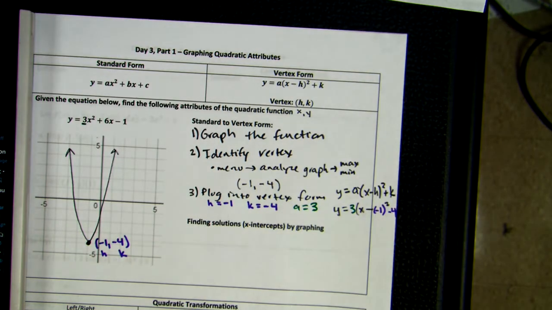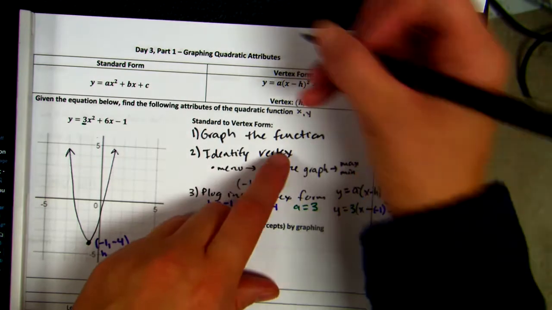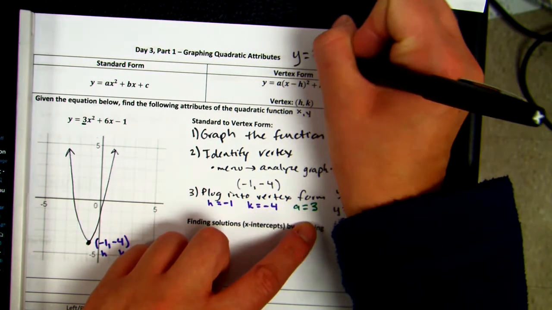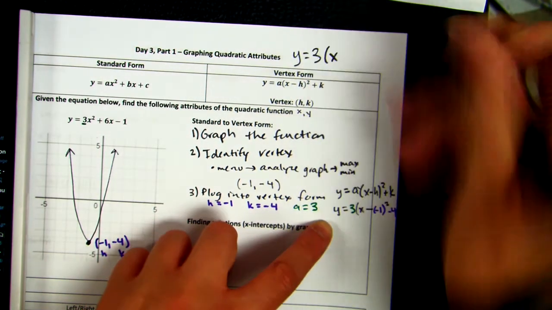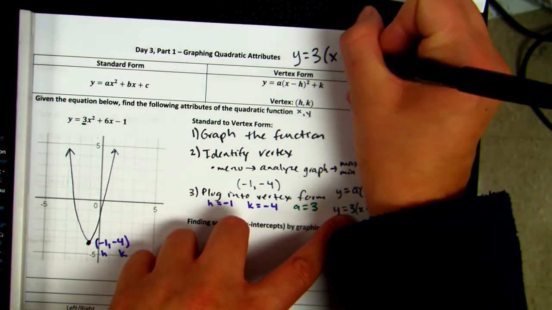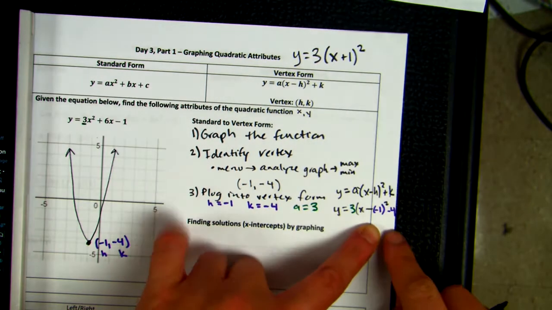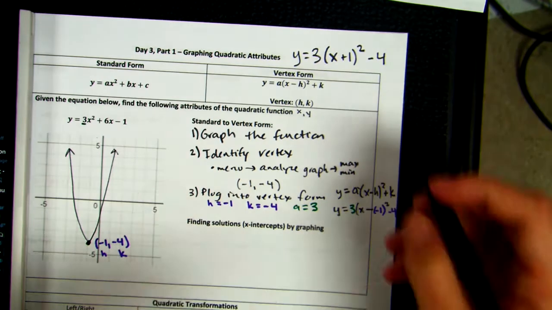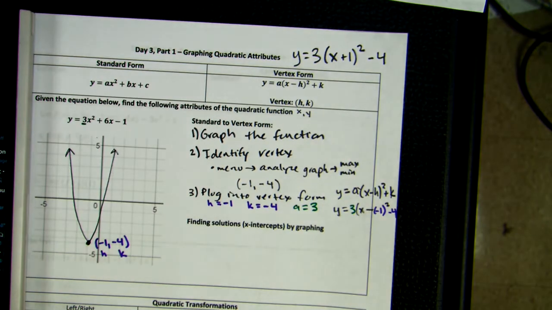I'm going to write this right up here where y'all can see it. Your final answer should be y equals 3(x + 1) squared minus 4, because the -1 becomes a +1. That is your final answer for vertex form.